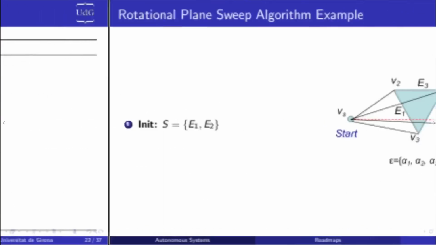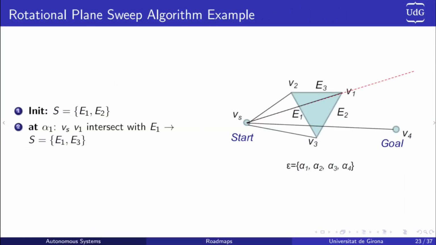Now, B1 belongs to these two edges, E2 and E3. E2 was already in the set, so I remove it. Remember, I used to have E1 and E2, now I remove E2, but B1 belongs also to E3, so I add E3 to the set. Then my new set is E1, E3, okay?